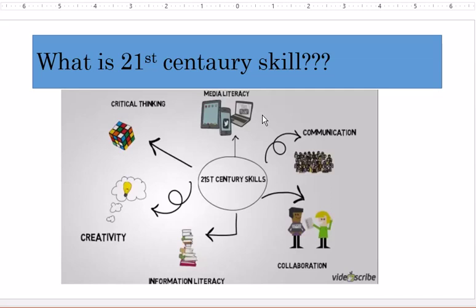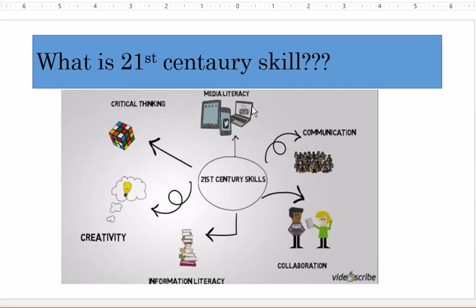This is all done through media. Media can be printed media or internet media, any media that you use for communication, such as SMS, Facebook, Twitter, etc.